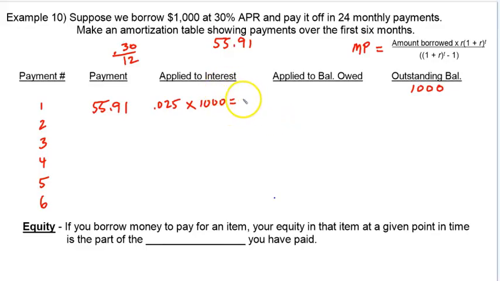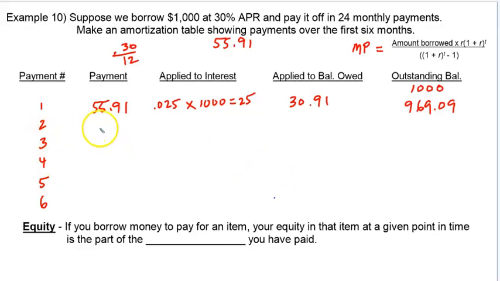So that's going to be $25. And the amount applied to the balance owed will be the $55.91 minus this $25, and that's $30.91. And now to come up with the new outstanding balance after that first payment, we do $1,000 minus $30.91, and that's $969.09.